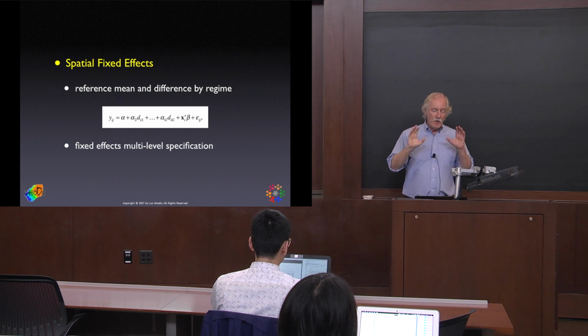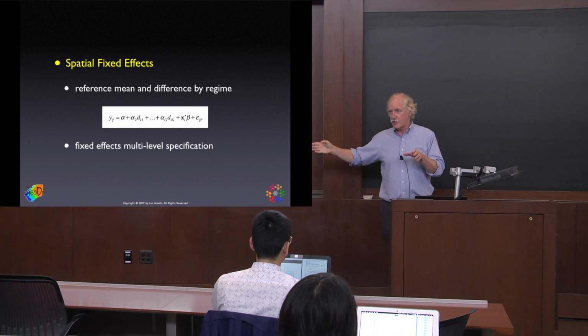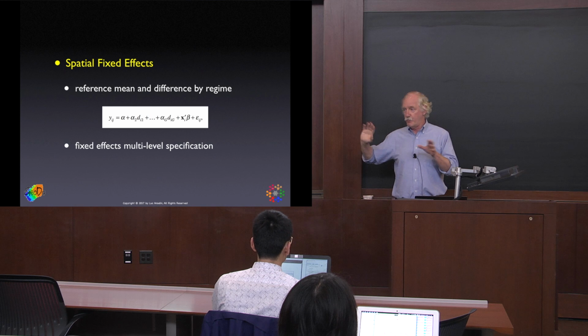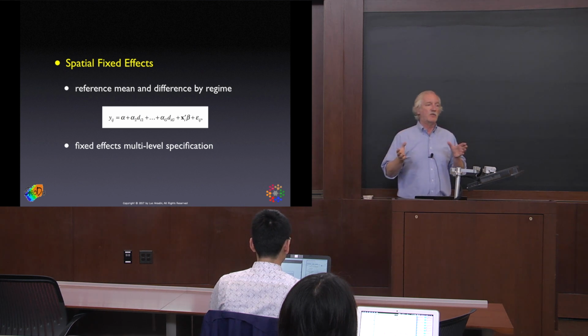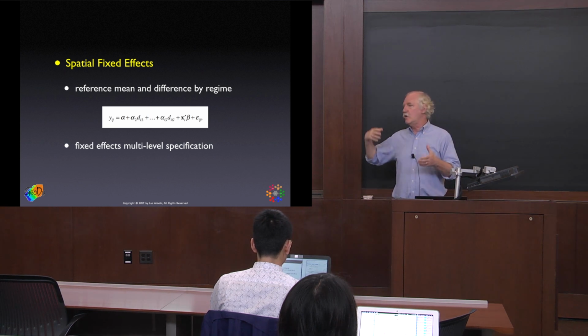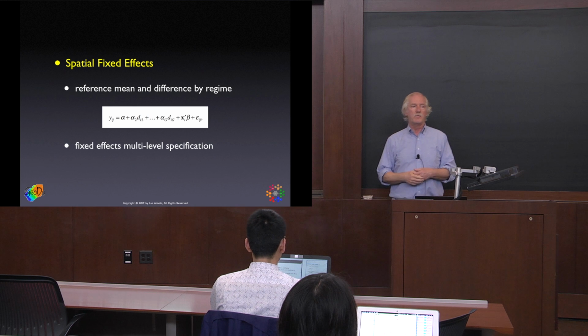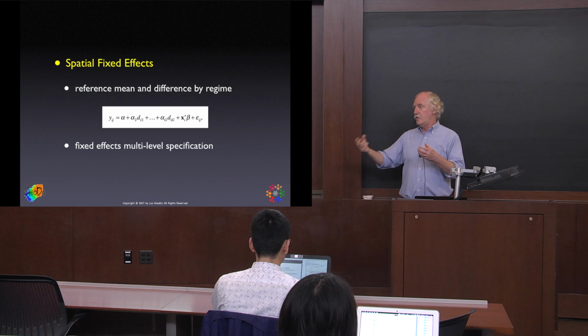So if you do that, you don't include census tract variables in the regression, right? That's superfluous. So it's one or the other, right? So if you have census tract variables like median income or density or distance to employment centers or anything like that, you might want to put that in the regression.